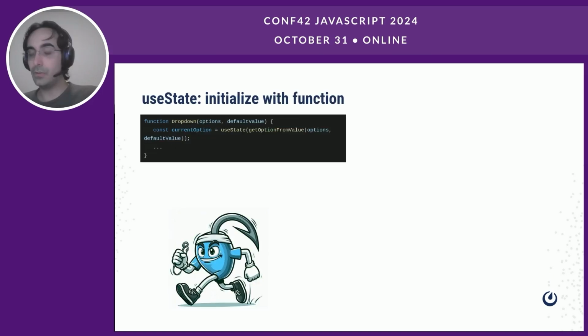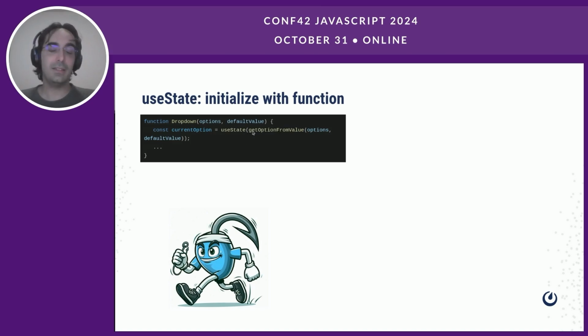Also, we are talking about persisting the state. So useState is the usual suspect here. But useStates sometimes have problems. For example, I want to initialize the useState. When initializing, I have to get, for example, in this case, for a dropdown, the default value from the options.